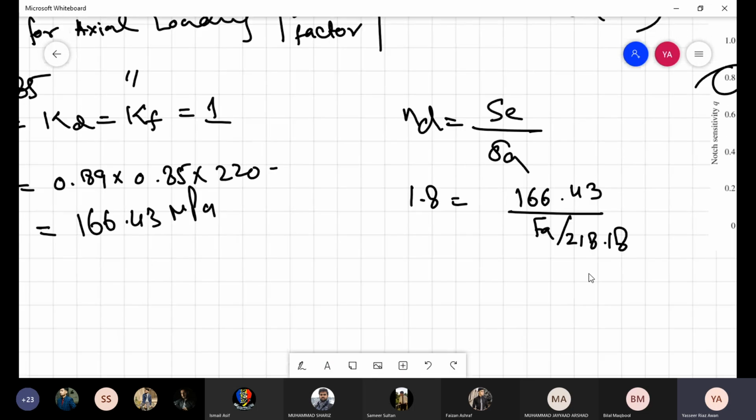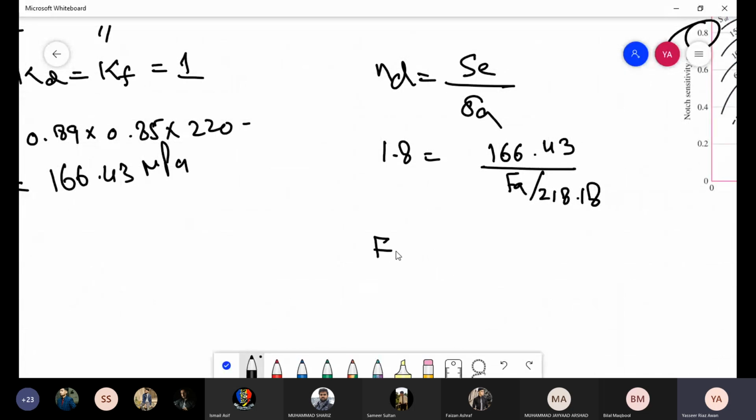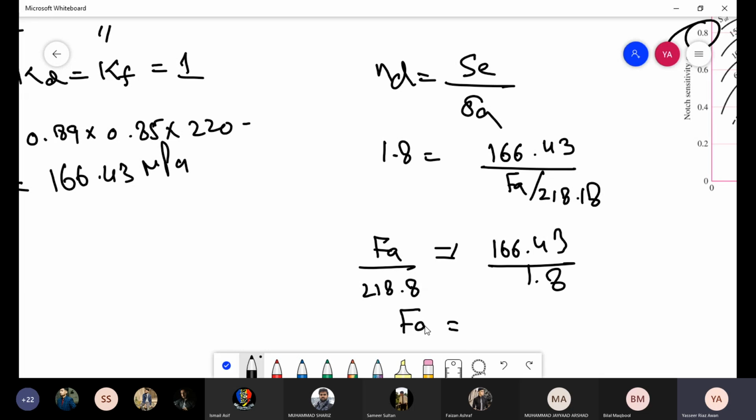So just rewriting this equation in terms of FA, this gives you something like 20.35 kilo Newton.